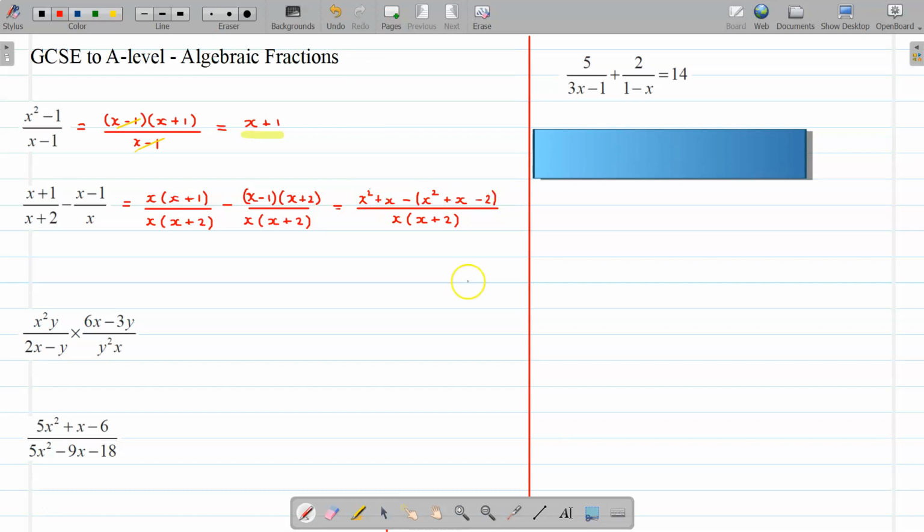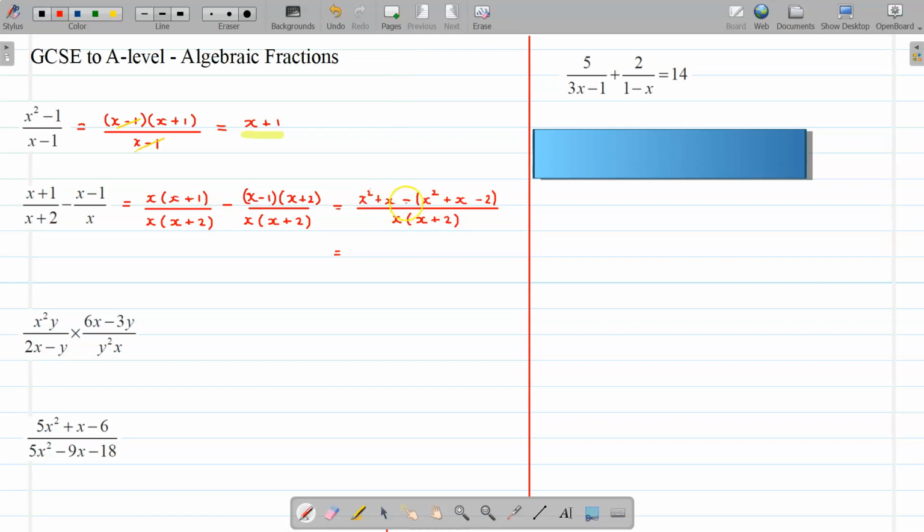Now you've got to be really careful here because that minus sign applies to each term in the bracket. So this means minus x squared minus x and plus 2, because it's minus minus 2. Now if I work through that, what will it leave me with? Well, look, I've got x squared minus x squared. That's 0.